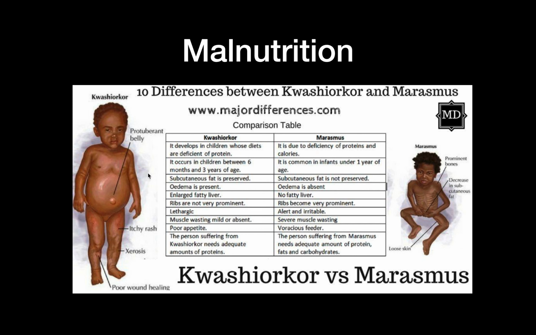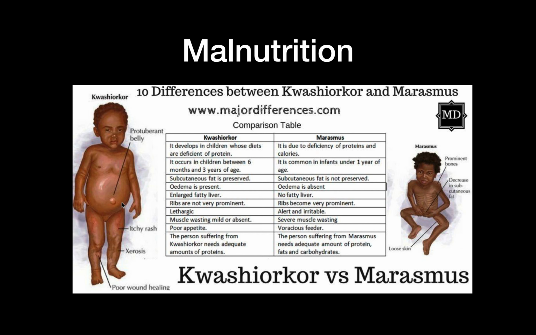In kwashiorkor, it's a disease where only the protein is insufficient. If you're fed on a starch-heavy diet, like a diet full of potatoes and no proteins at all, it's characterized by having skinny little arms and a big protuberant stomach.